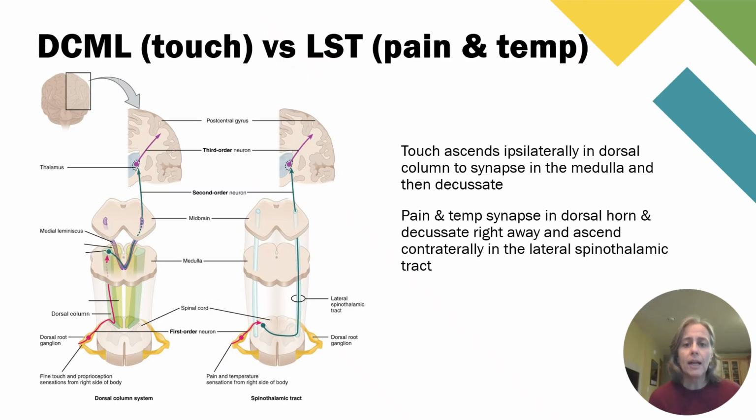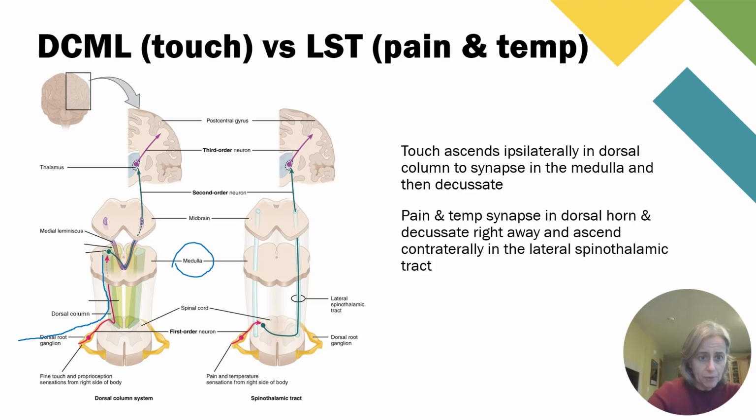So if we compare and contrast the DCML system, the dorsal column medial lemniscus system, which is for touch, and the cutaneous mechanoreceptors that we learned about, versus this lateral spinothalamic tract, which is the system through which pain and temperature signals travel, we can see that for DCML, you come in and you don't synapse until you get all the way up to the medulla.